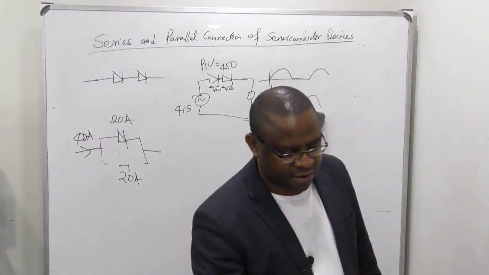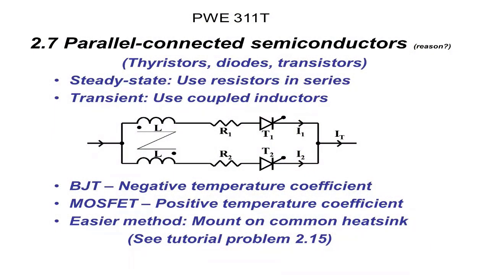All right. So now, thyristors, or diodes, or transistors. On steady state, we use resistors in series, and for transient, we use coupled inductors.